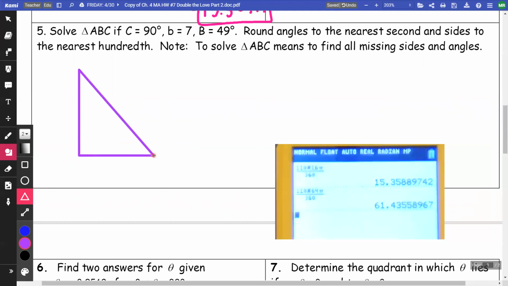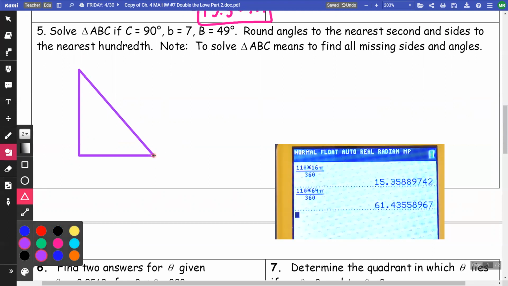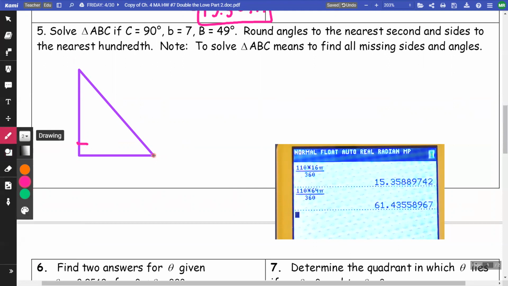There. Okay, so I have a right angle. I have a 49-degree angle. Okay, we're calling this one C. They want this one to be B. We'll call this one A. And it says round angles to the nearest second and sides to the nearest 100th.